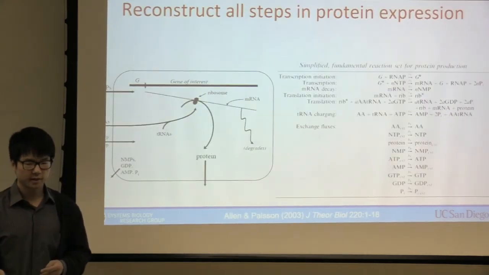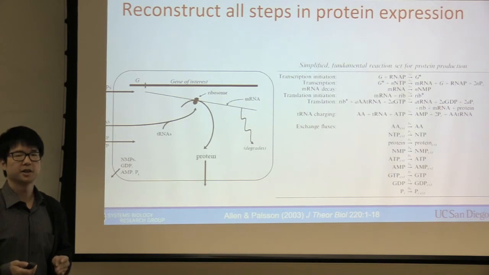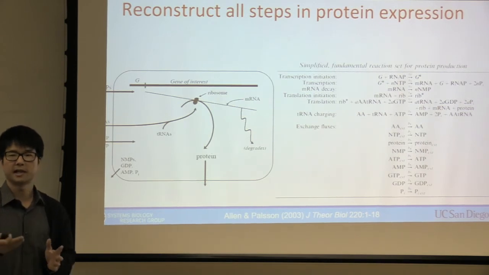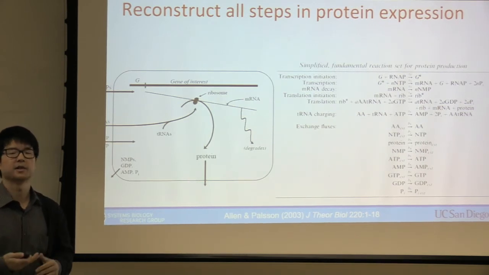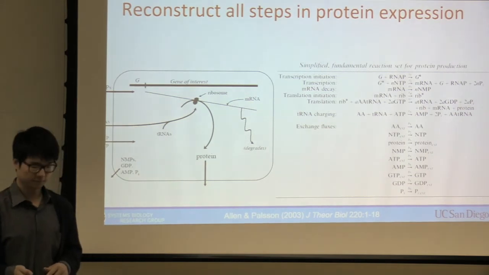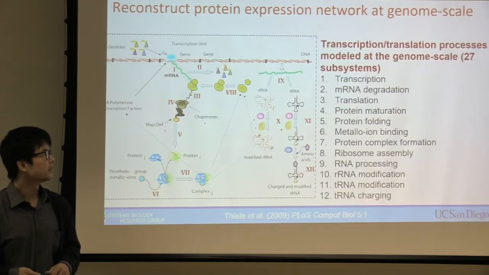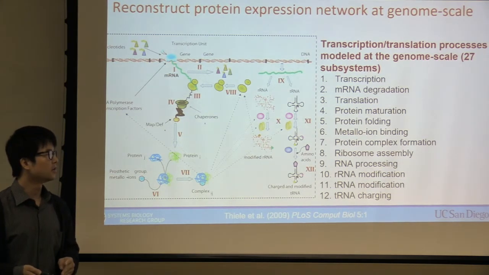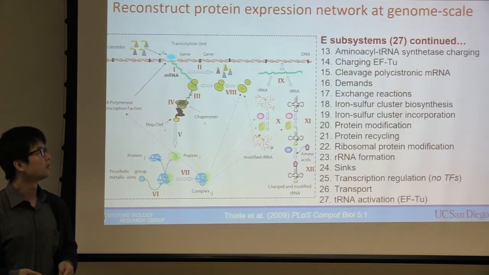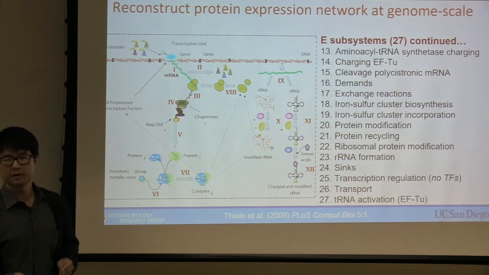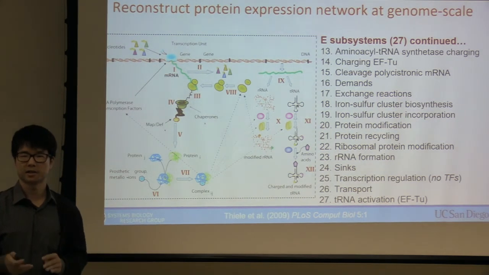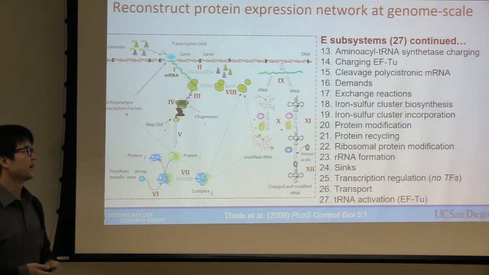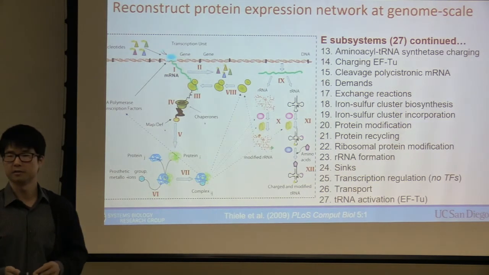And then, of course, we can consider not just translation, but all of the different steps for expressing a protein. And we can expand this process furthermore. We can go into even more detail, and look at all 27 or so processes or subsystems that comprise the entire expression network.